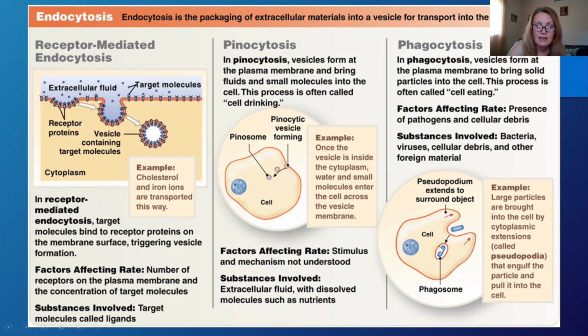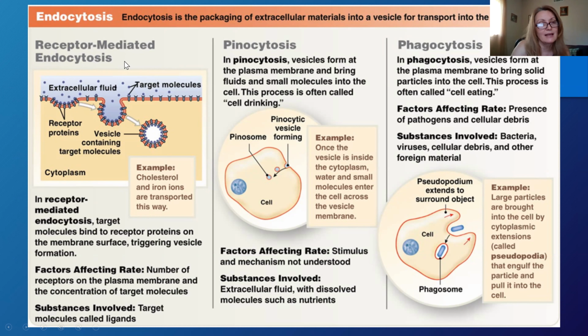So here's the cell, it forms what are called pseudopods, like little extensions of the cytoplasm, and it encloses the bacteria forming the phagosome, and this bacterium is taken inside, right? So large particles are brought into the cell by cytoplasmic extensions called pseudopodia that engulf the particles and pull them into the cell, right? So this is also active transport and requires ATP.